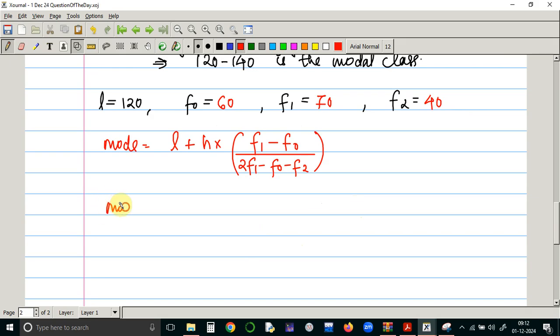So we have to put the values. The lower limit is 120, h is 20, F1 is 70 minus 60, divided by 2 times 70, that is 140, minus F0 which is 60, minus 40.